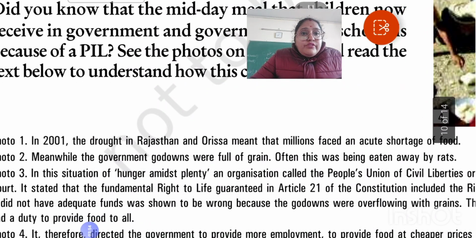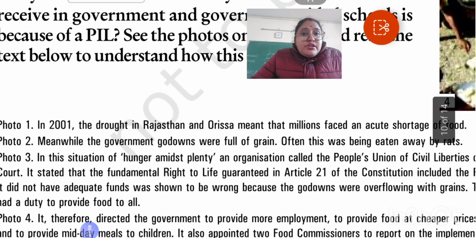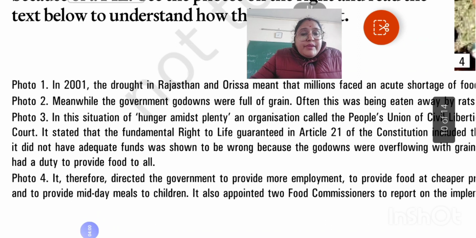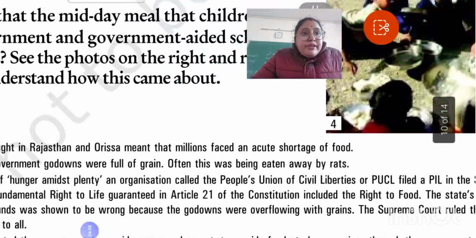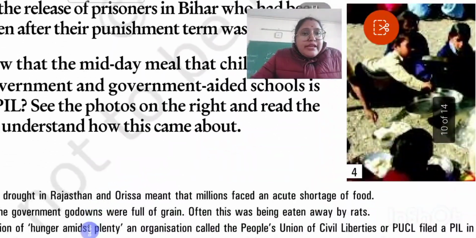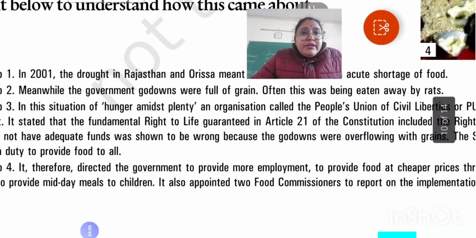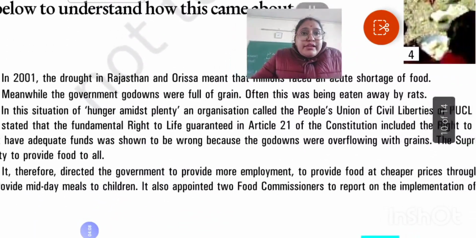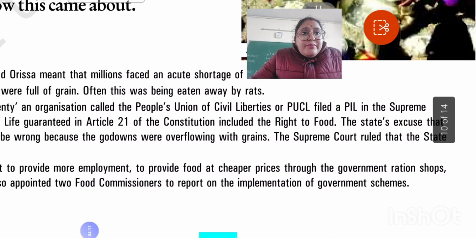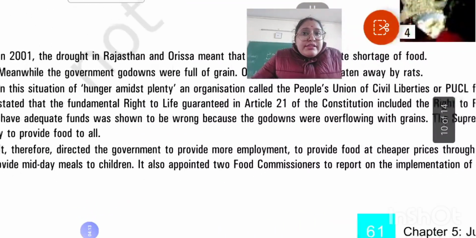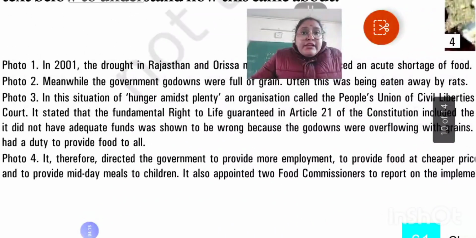Meanwhile, the government godowns were full of grain, often being eaten by rats. So people sat in protest. In picture number 3, if you see, people did strike and protest for that, and as a result the Supreme Court ruled that the state had a duty to provide food to all.